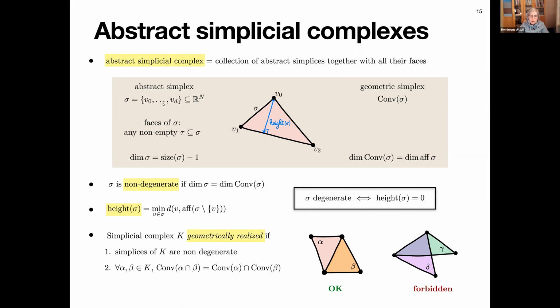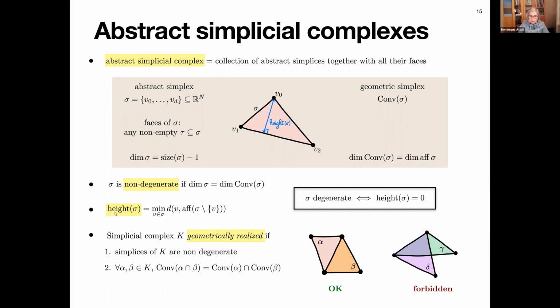Okay, also, the dimension of the abstract simplex is the cardinality of the simplex, that is the number of vertices, minus 1. And the dimension of the geometric simplex is the dimension of the affine space spanned by the geometric simplex. And when the two dimensions coincide, we say that the simplex is non-degenerate.